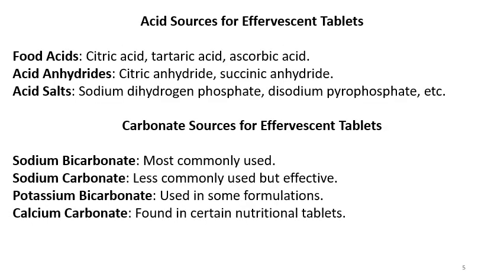Acid sources are like citric acid, tartaric acid, ascorbic acid, acid anhydrides, citric anhydride, succinic anhydride, acid salt, sodium dihydrogen phosphate, disodium pyrophosphate. Carbonate sources are sodium bicarbonate, which is most widely used.